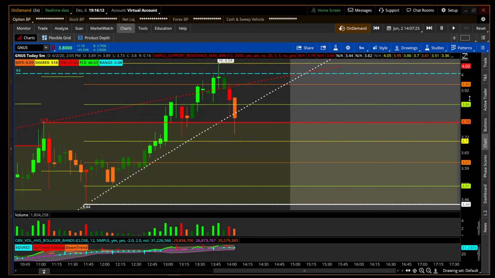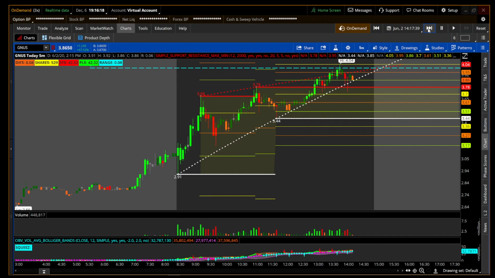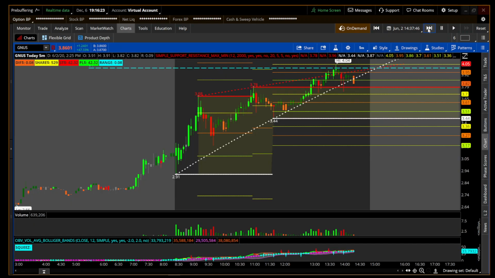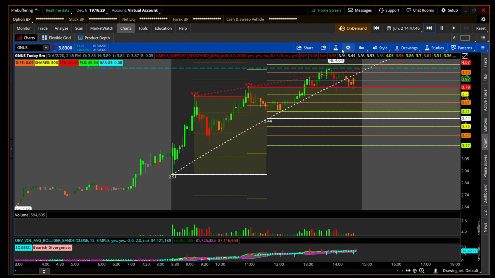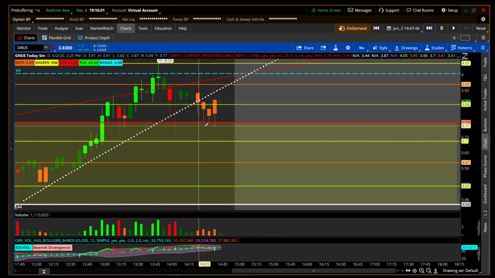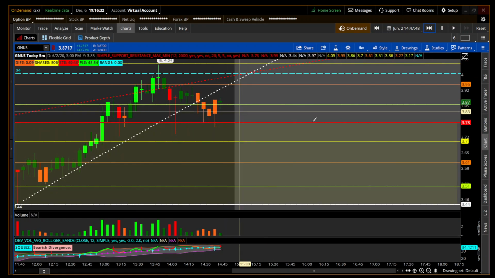And that support is working. So let's push it forward to the end of the day. And it's sitting right there, bounced right off of this area of resistance, which became support.